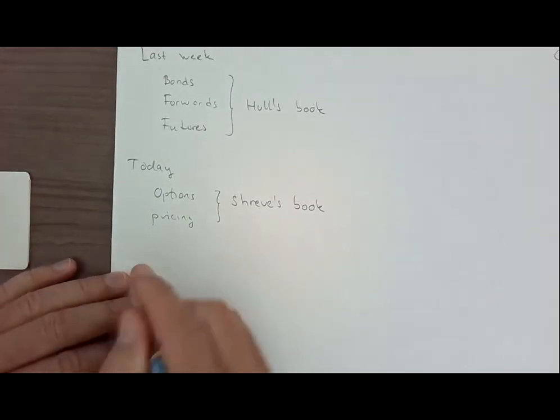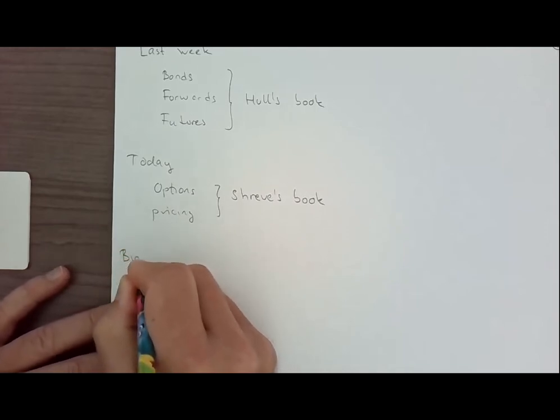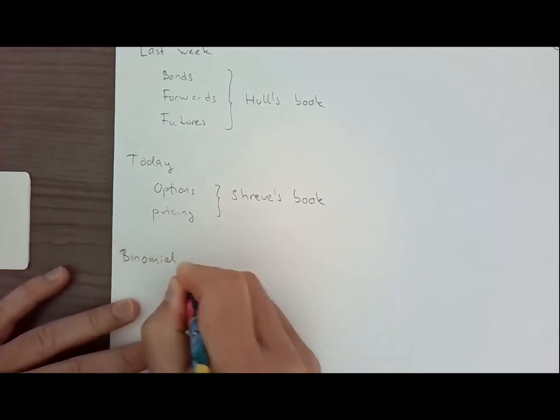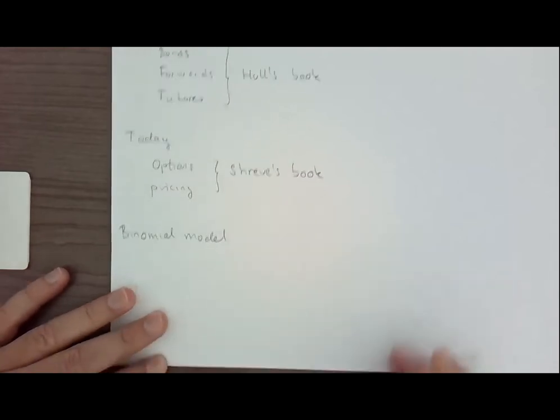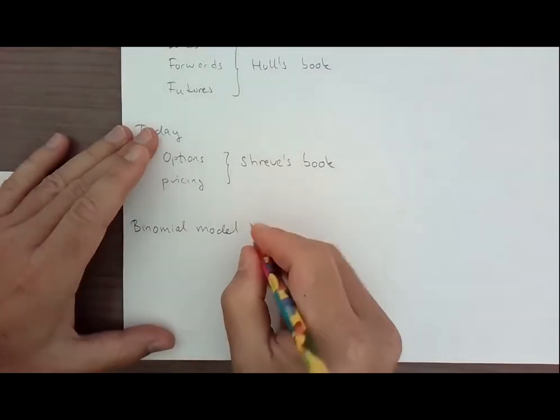Okay, so the starting point here is what's called the binomial model. So we're going to be looking at a binomial model, and this here is going to be a one period.